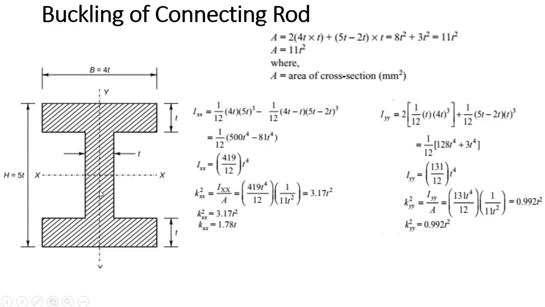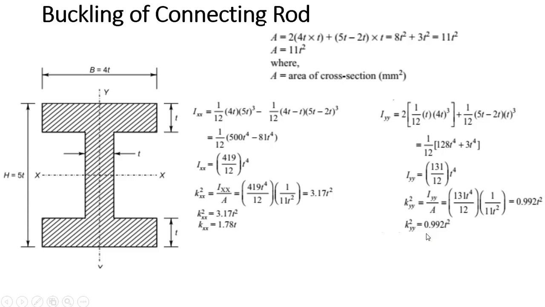For the y-axis, b becomes t, that means t into (40t) cube by 12 for each flange, and these are two parts, so multiply by 2, plus the central part, whose edge parallel to the y-axis is 5t minus 2t, so 3t into t cube by 12. Solving this gives kyy square.